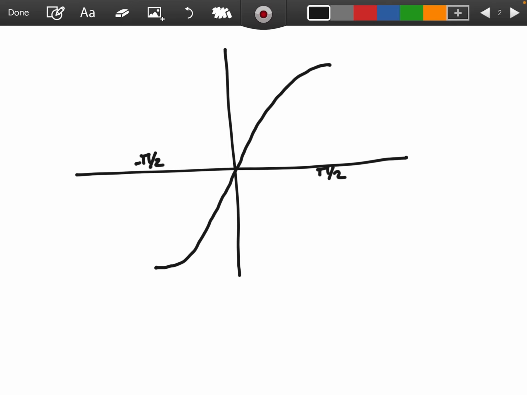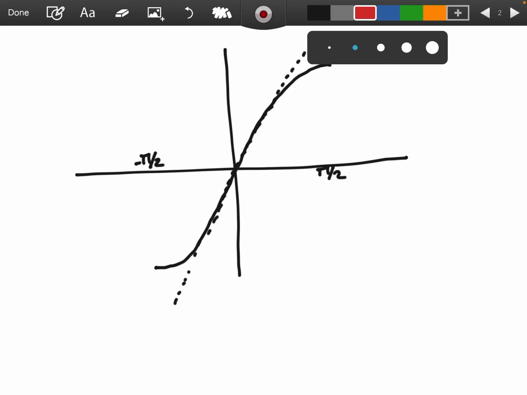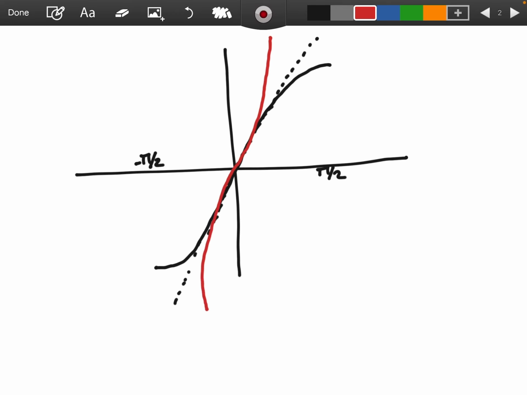So you go ahead and dot out that line of y is equal to x, and then you can actually draw the graph of inverse sine. If you were to draw that, it would look something like this. Like I said, this is just a sketch here, but it would look something like this.